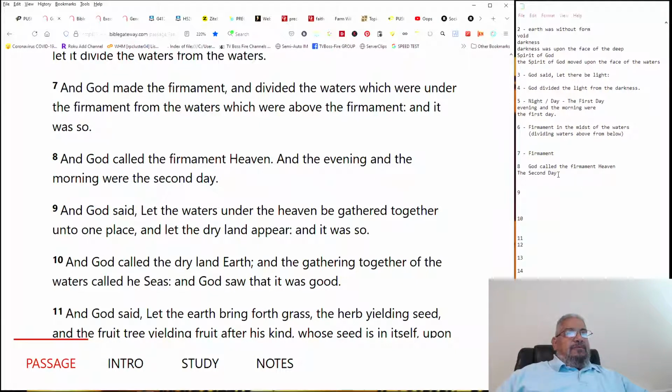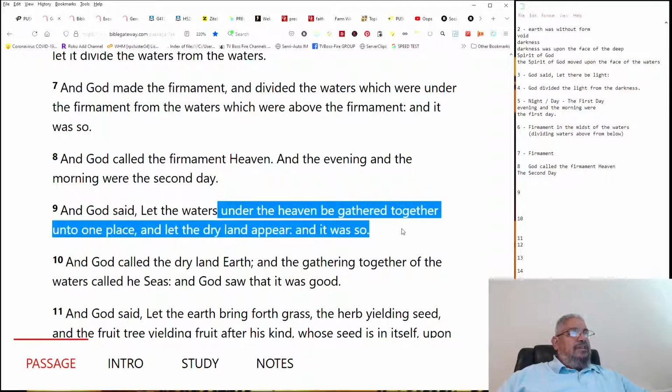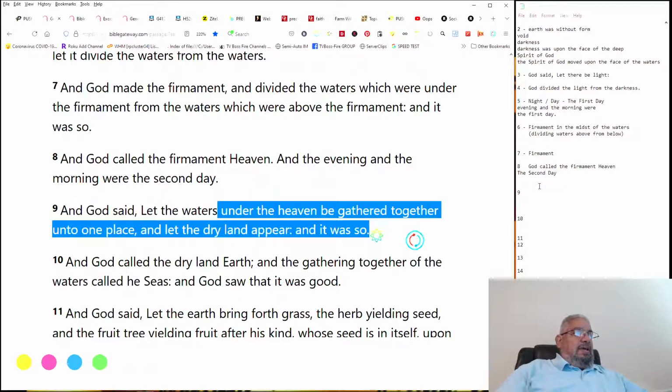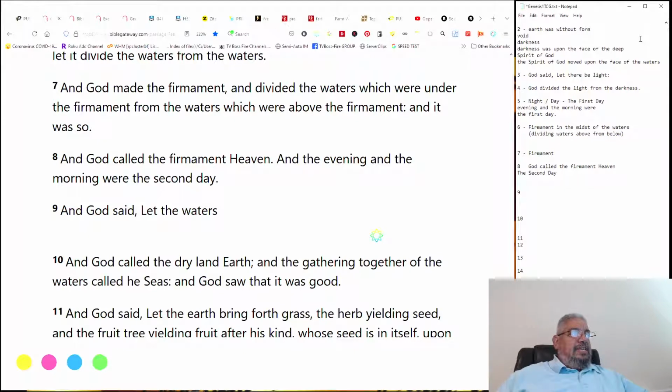The second day we've added, and now verse 9. God said, "Let the waters under the heaven be gathered together unto one place, and let the dry land appear." So here we have the creation of, with verse 10, so let's do 10, and we have the dry land, right? Dry land, which is earth, right?